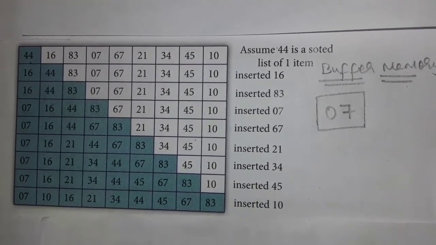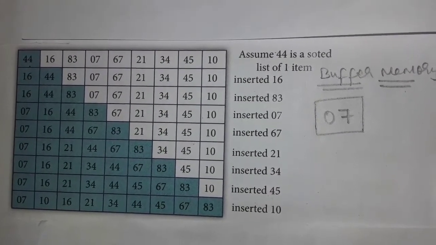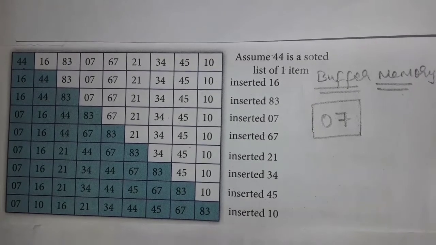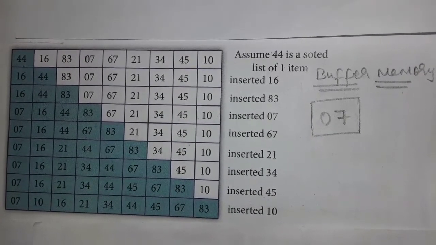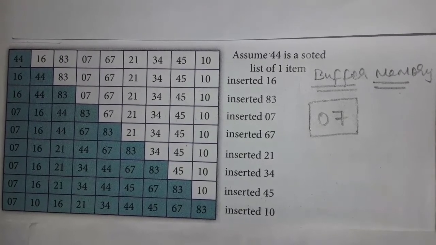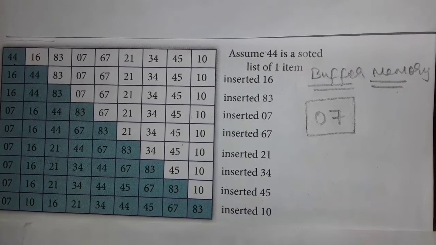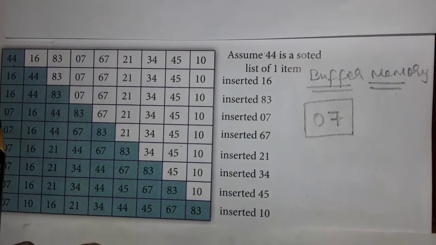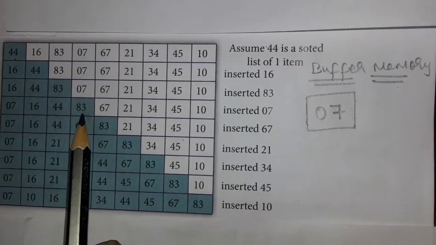How it will do this is, a temporary memory called buffer memory will be created. First, this 7 will be taken to that buffer memory and that space remains empty. Now all these elements will be shifted. The first position will become empty, and from the buffer memory 7 will be taken to the first position. So now the elements are 7, 16, 44 and 83.